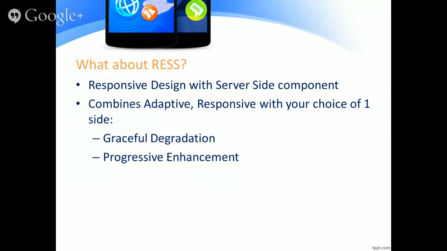It allows you to use a server-side component to serve up different HTML, markup, layout, maybe different CSS, based on the target that you're going for, or based on the device that a user is visiting with. And then you're choosing an approach to build that, graceful degradation or progressive enhancement. I honestly have been really fixed on graceful degradation because that's what I started with, and it's a big shift of mindset to go to progressive enhancement, but that's the way I'm going now, starting to target progressive enhancement.